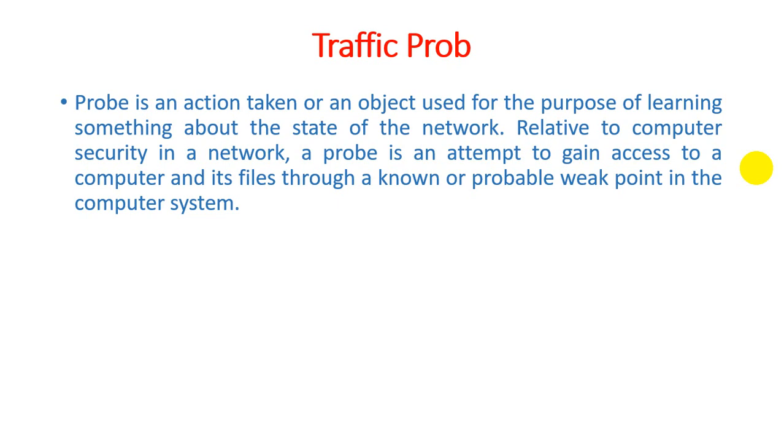In relation to computer security in a network, a probe is an attempt to gain access to a computer and its files through a known or probable weak point in the computer system.